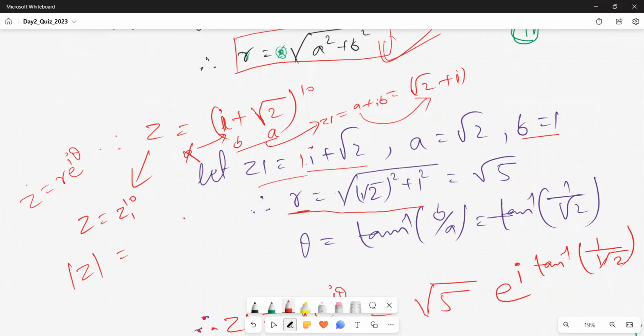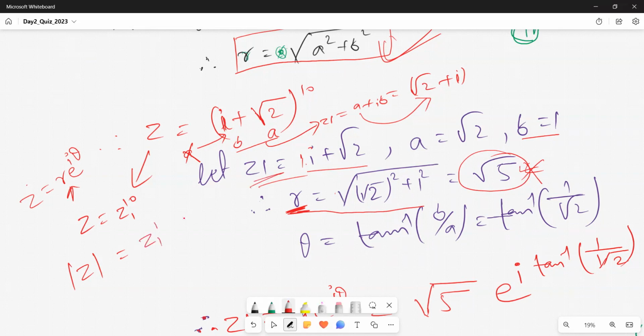Z will be R, but this R is not of Z, it is of Z1. Remember, don't get confused. Otherwise many people will tick the option with value root 5 if there is one, but don't do that. This R is the absolute value of Z1, not of Z.